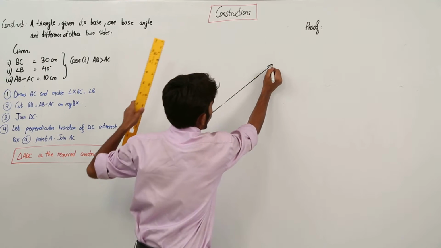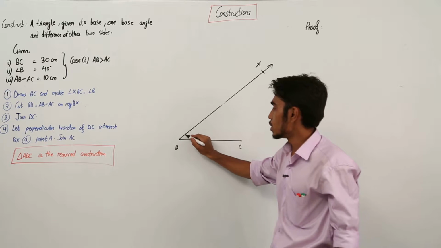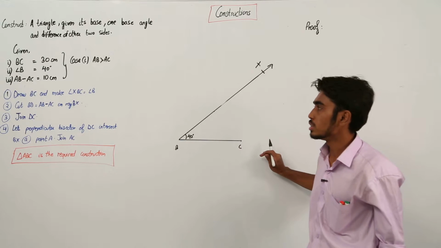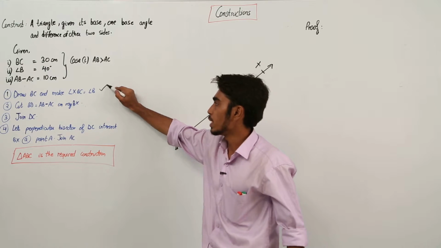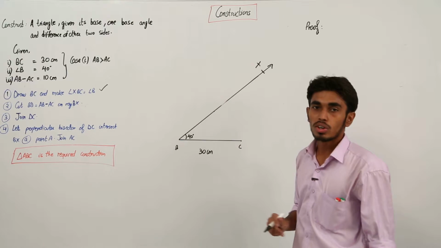Let's call this X, right? So this is our angle which is equal to 40 degree. This is 40 degree angle XBC. So our first step is done, right? We have drawn BC as 30 centimeter and angle XBC as 40 degree, right?